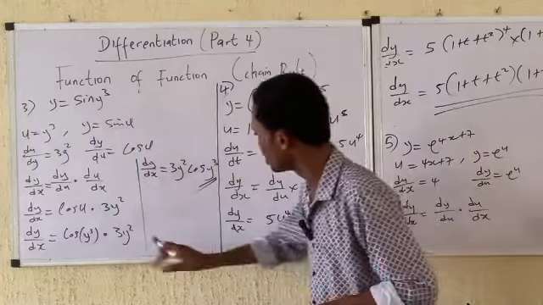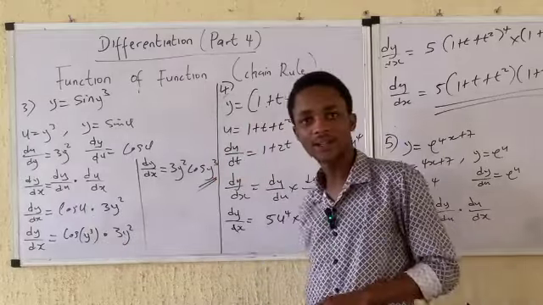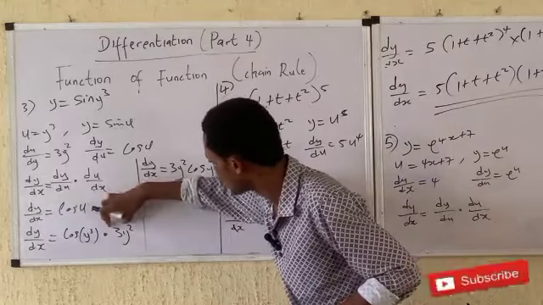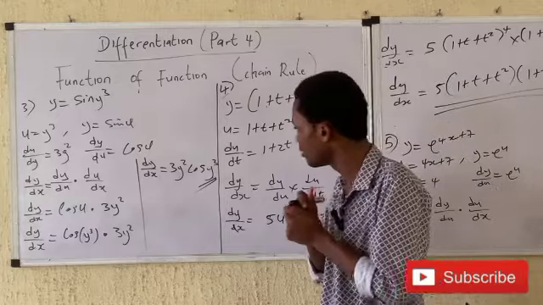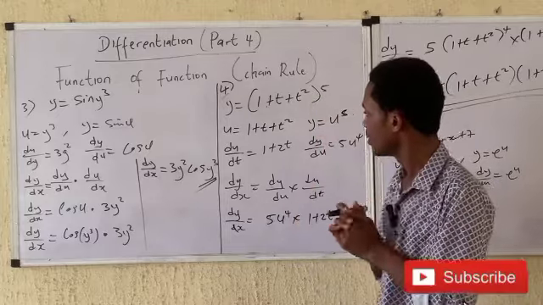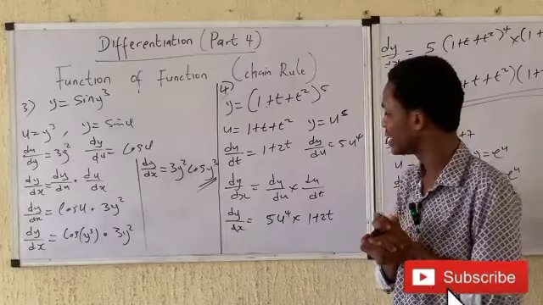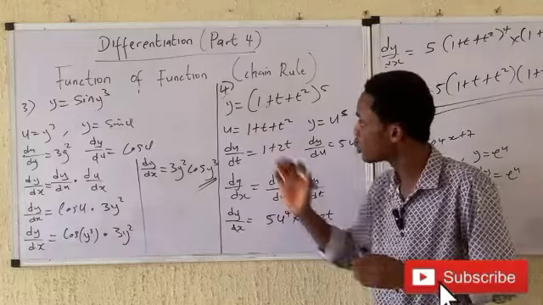Now our u here will be y raised to the power 3, times 3y raised to the power 2. You multiply them together, which will give us our final answer, 3y raised to the power 2 cos y raised to the power 3. This is our final answer for this question.